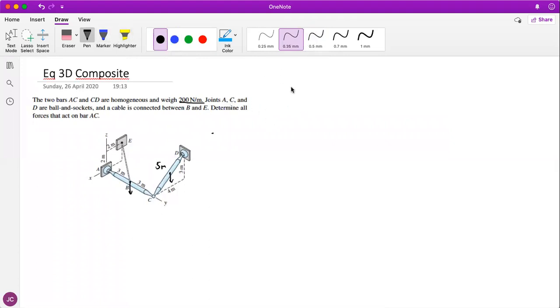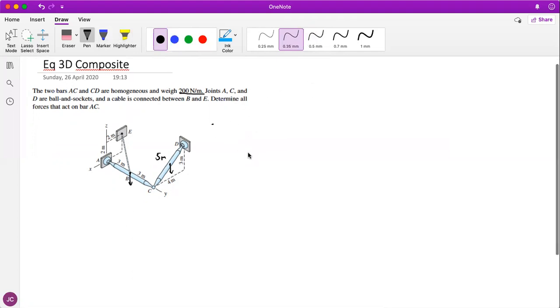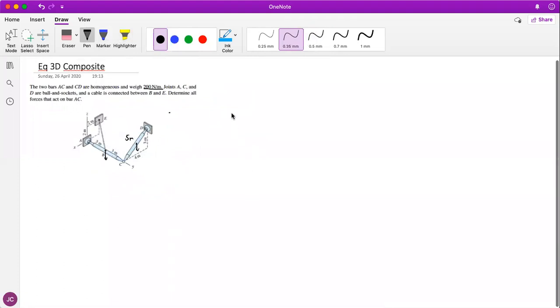Let's start with the bar AC. Sorry to challenge your sight, but then I will put what is important. Here this is the bar AB, so you have B and you have C over there. Let's put the unknowns already.